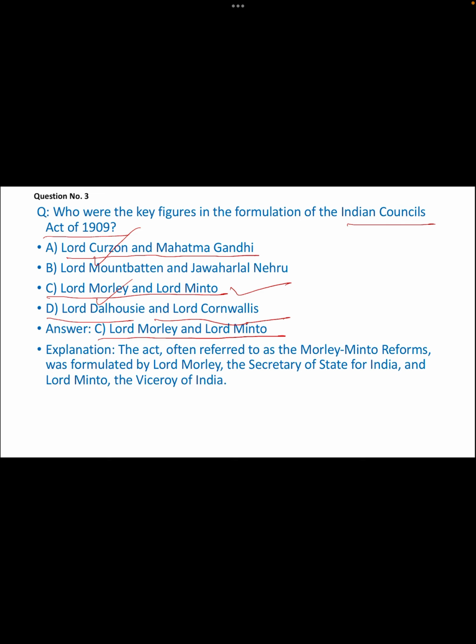Then you have Lord Minto. Lord Minto was the Governor General of India from 1807 to 1813.